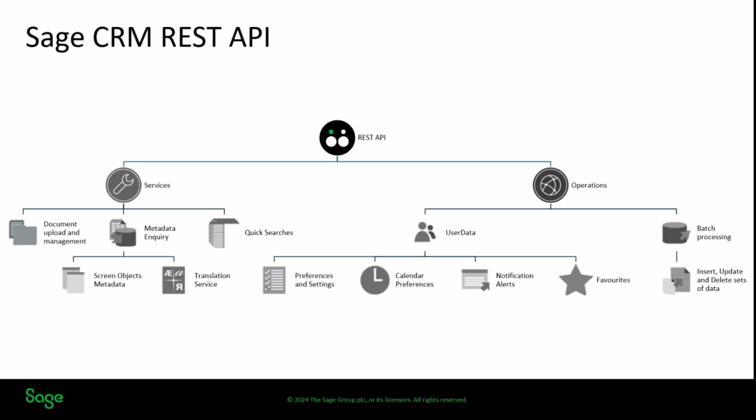But in fact, the API encompasses a lot of abilities, has endpoints available to us to be able to check user preferences, to be able to look at information around the alerts that are due for a particular user, and understanding what favorites a particular user may have as well.